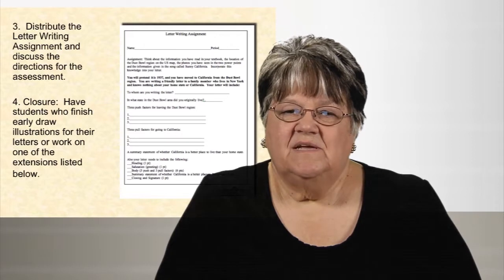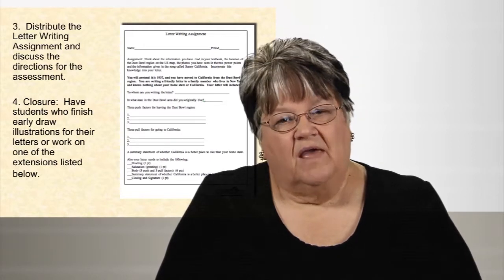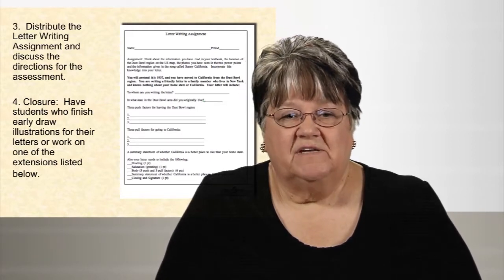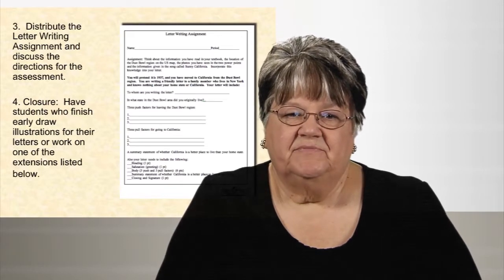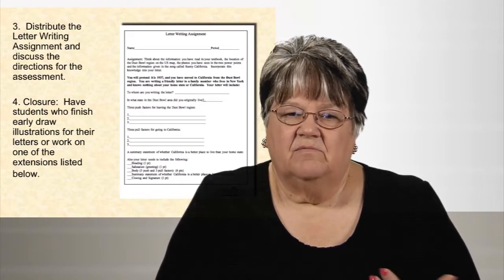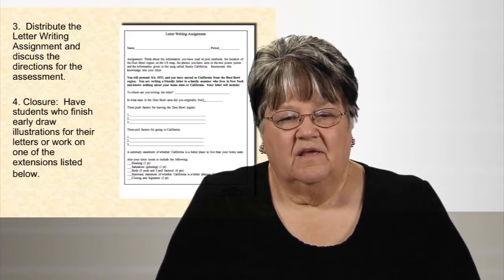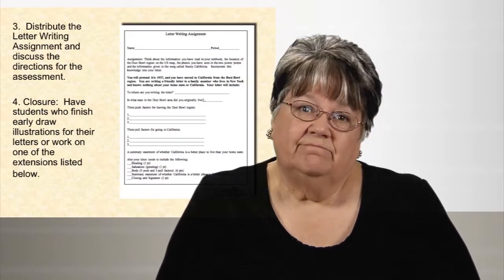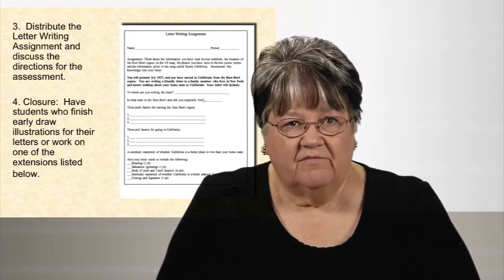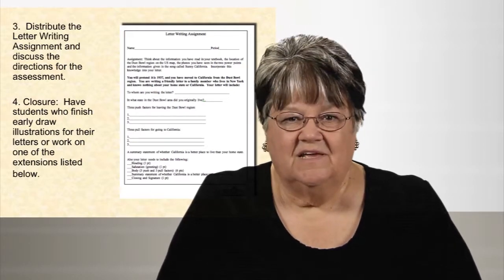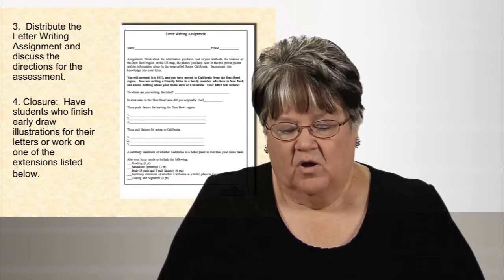And they're going to be telling them about California. So they have to identify who they're writing the letter to. And they need to talk about the pushes and pulls of living in California. And then at the end, they make a conclusion. Is it a good thing to have gone to California? Is it not a good thing to have gone to California? And we're grading them on this friendly letter.